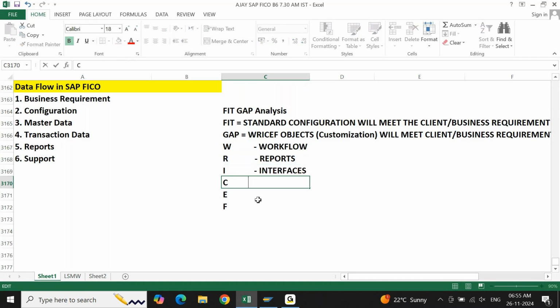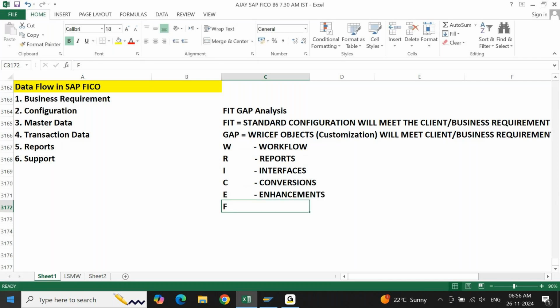C is representing what? Conversions. E is representing what? Enhancement. F is representing what? Forms, basically smart forms.